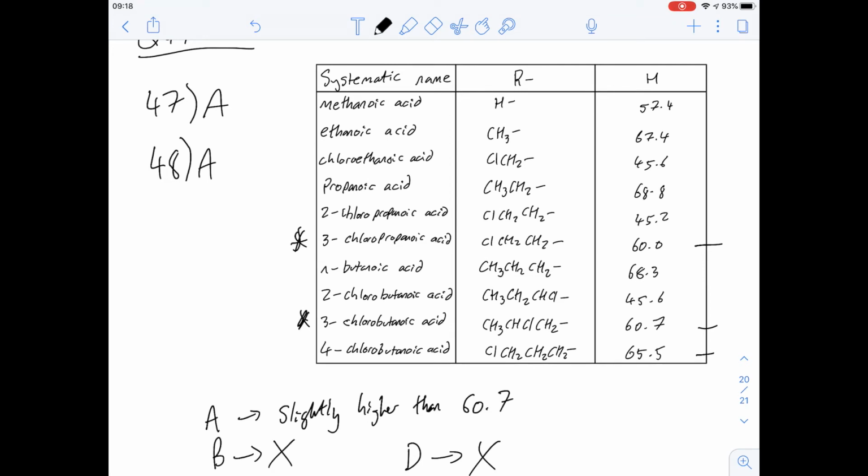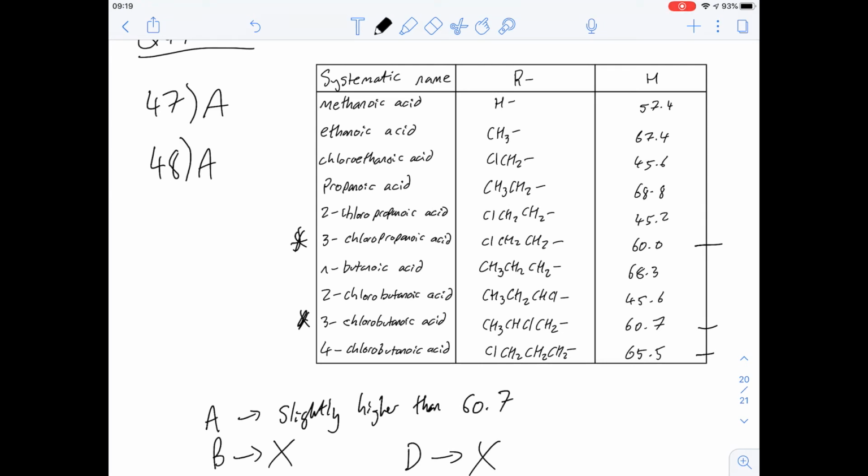But I don't know if it actually really matters, because one of the trends we've seen is that as these numbers increase, you get an increase in this H value. So if we look at those numbers, those chloro groups relative to the carboxyl group, maybe that will give us the right answer. So would a 3-chloro acid be less than a 2-chloro acid?